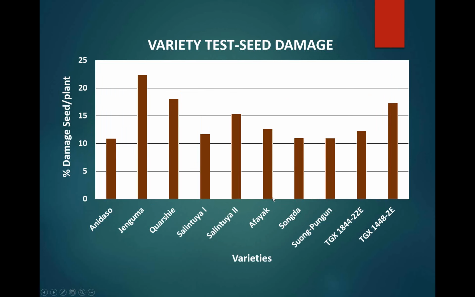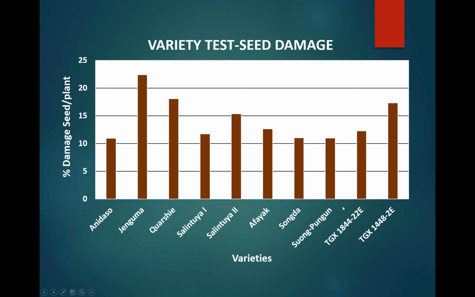I also looked at seed damage from the fields. I took 6 plants from each plot, 3 plants each from row 3, row 2 and row 5, and assessed damage, taking the seeds out of the pods and then looking at the damage.